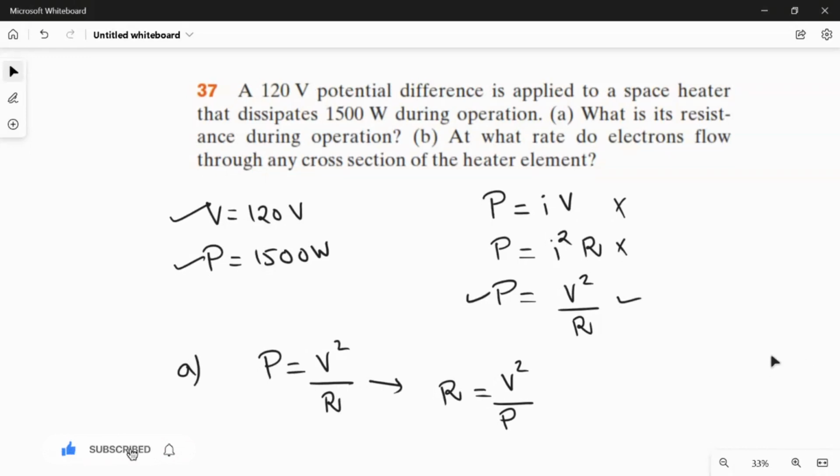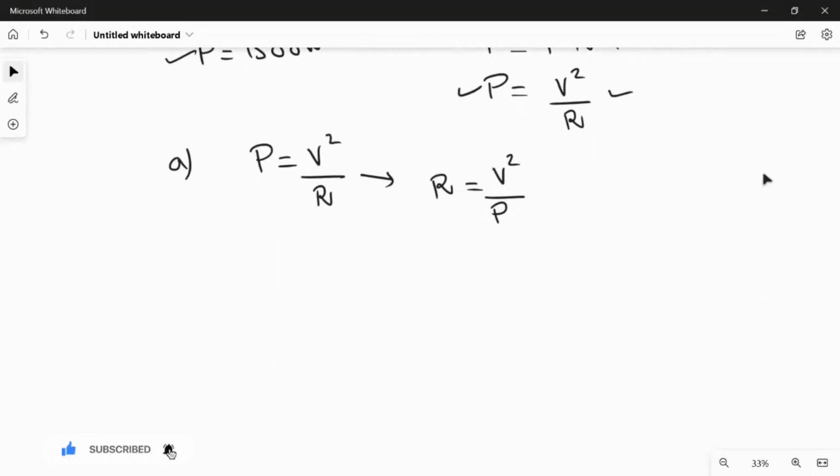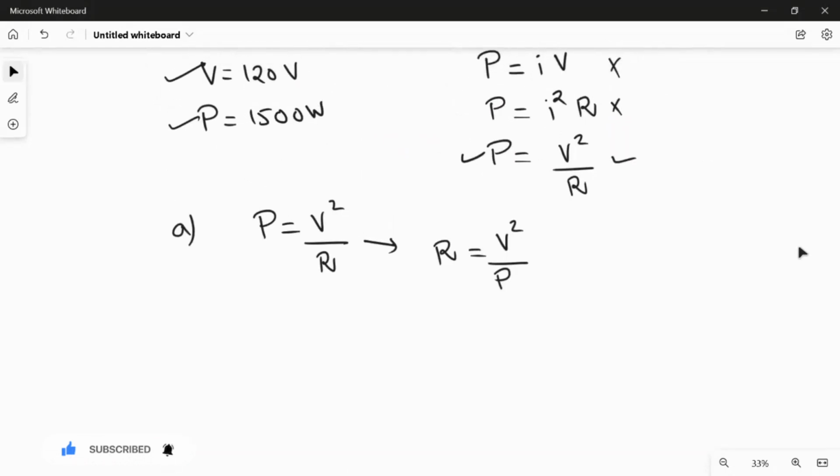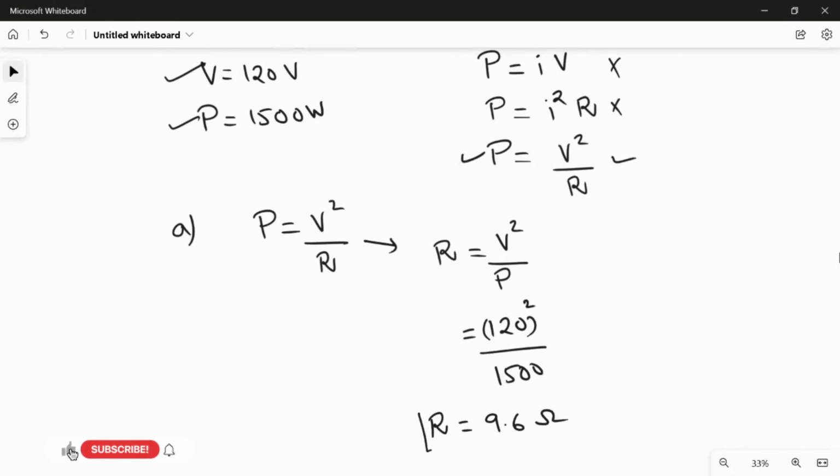I am going to substitute these values in this equation. So here the potential difference is 120 volt, whole square, over the power value of 1500 watt. So here I got the answer for the resistance, which is equal to 9.6 ohm. So this is the answer for the first question.